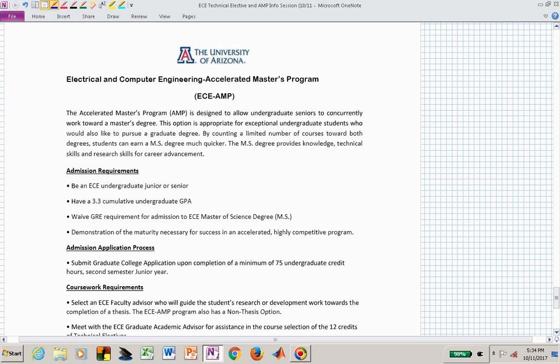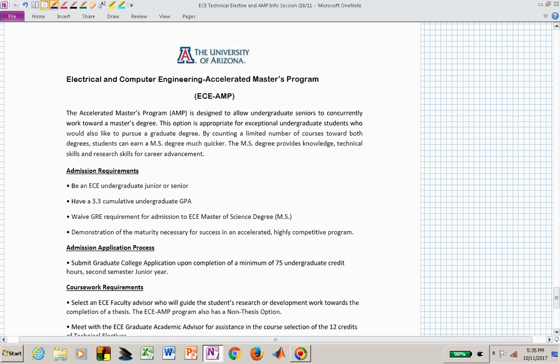The way it does that is that it allows you to double count. The Accelerated Master's program allows you to double count up to 4 classes, 4 3-unit classes, 12 units, both towards your BS degree and towards your MS degree.